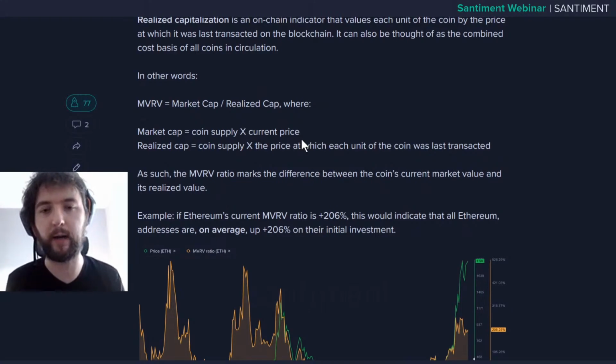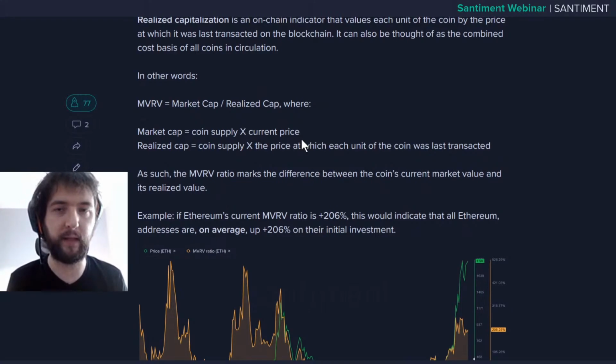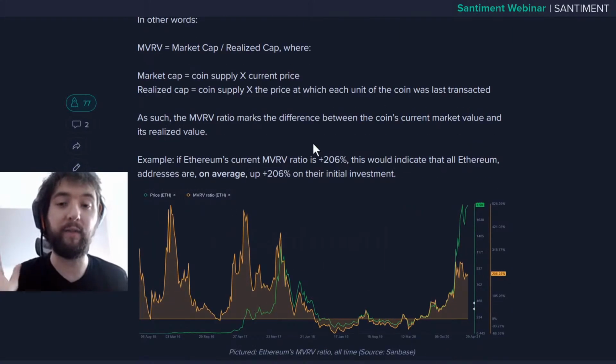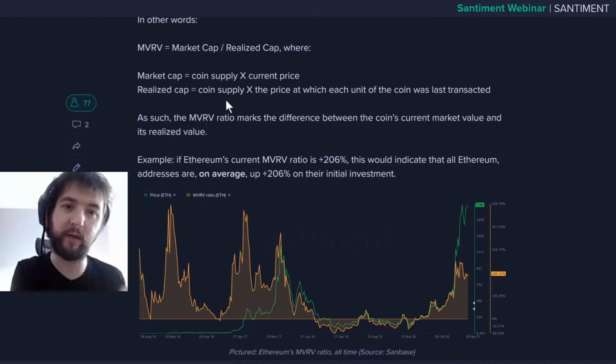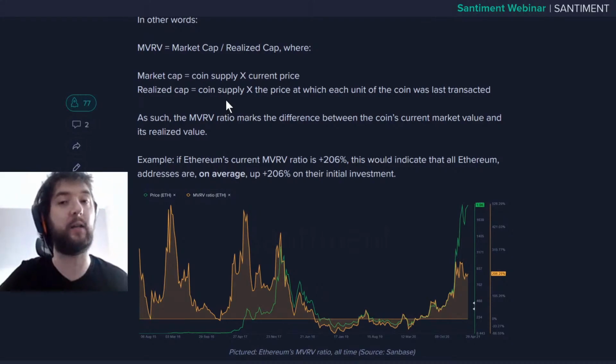That's how you get market cap, right? You get the total non-diluted supply of the coin, and then you multiply it by the current price of each coin. And then you divide it by the realized cap, which is the total supply of the coin multiplied by the price at which each unit of that coin was last transacted on the blockchain.